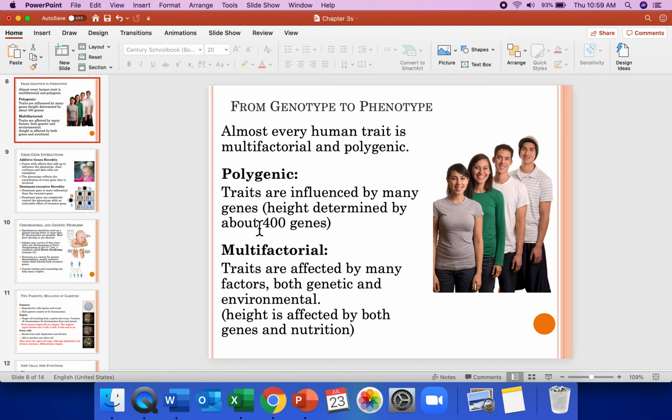As a matter of fact, 400 genes interact to get the result of your height. So it's not as simple as one small section on the chromosome that is in charge of height. It's a lot of different genes that interact together and produce your final height.